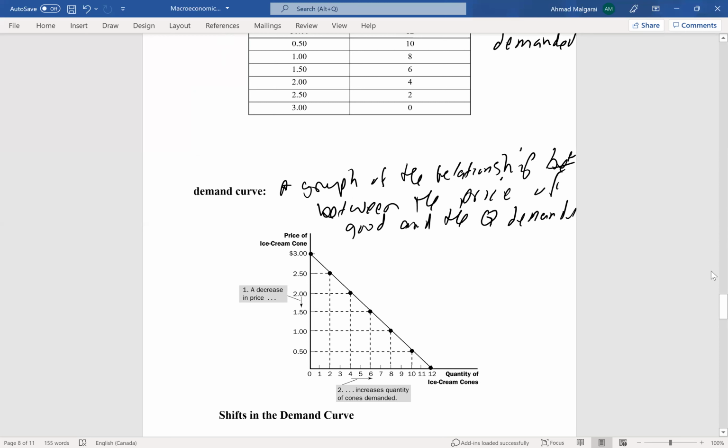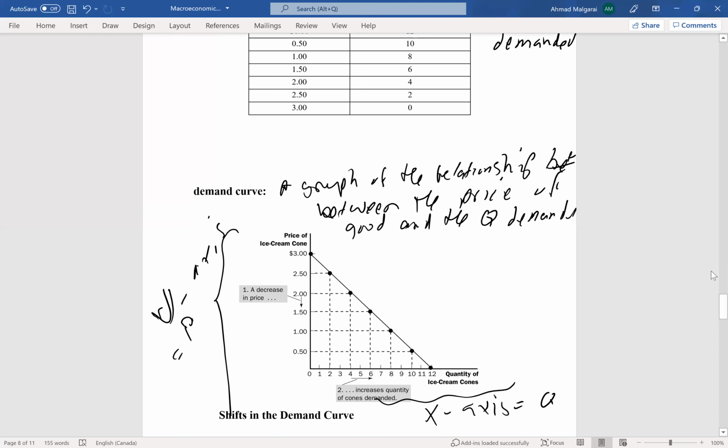So price is generally drawn on the vertical axis. So price is usually here, which is the vertical axis. And quantity demanded is represented on the x-axis. That is equal to quantity, and on the vertical axis, that is equal to price.